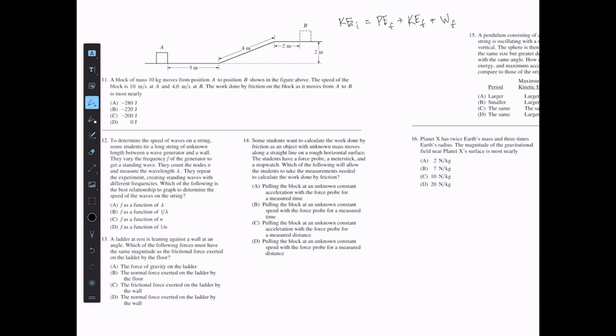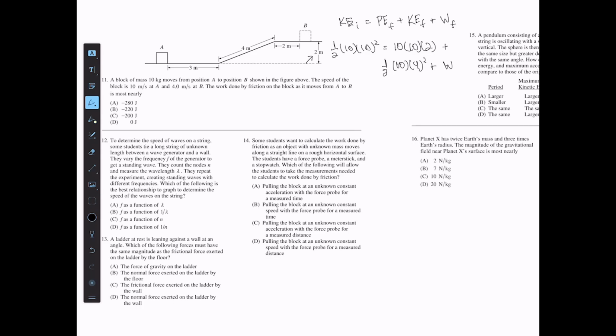So what's initial kinetic energy? That's 1/2 times 10 times 10 squared. What is the final potential energy? Well, you can see the height is 2 meters. Potential energy is mgh, so that is 10 times g times 2. Plus final kinetic energy, that's 1/2 times 10 times 4 squared.